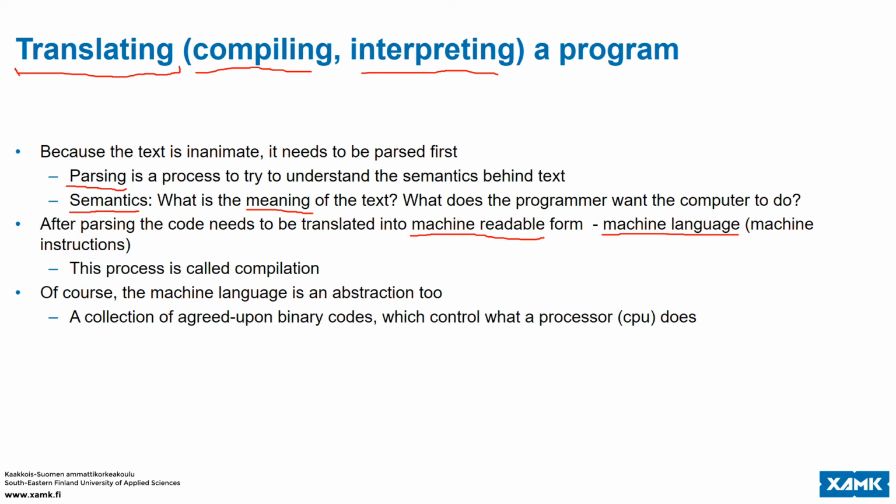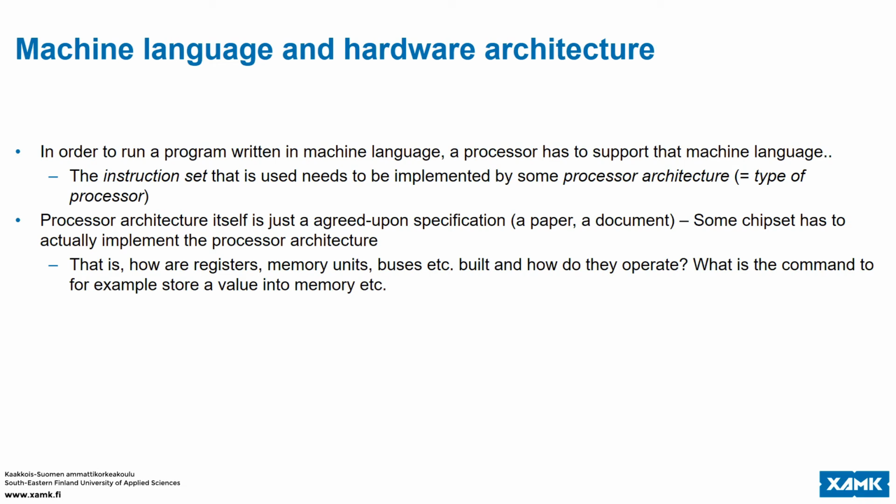And that's still on the software side. From the hardware perspective, there still has to be some chipset that is able to understand these codes, or able to decode these instructions. In order for a CPU to actually execute some program, we need a program that has been translated or written in this machine language.